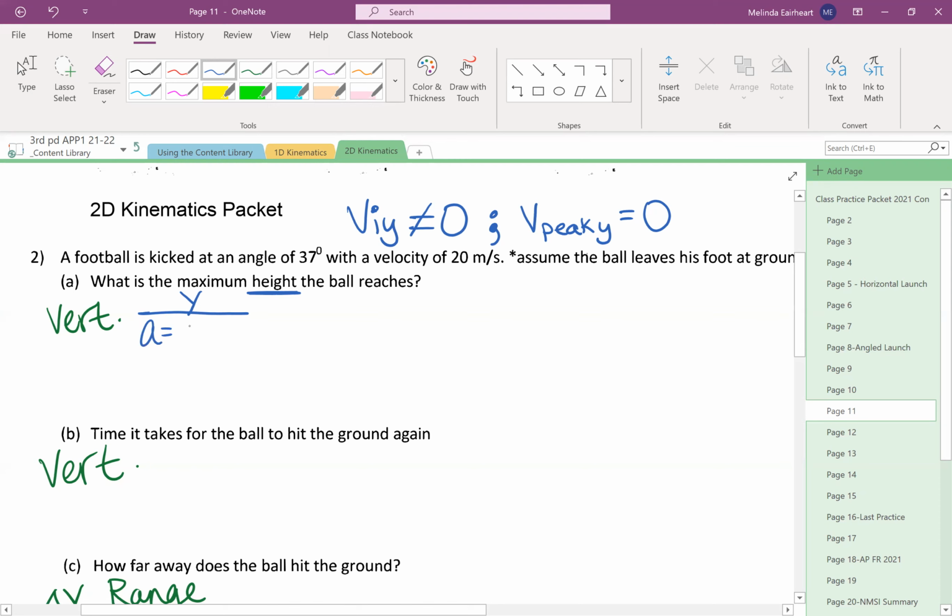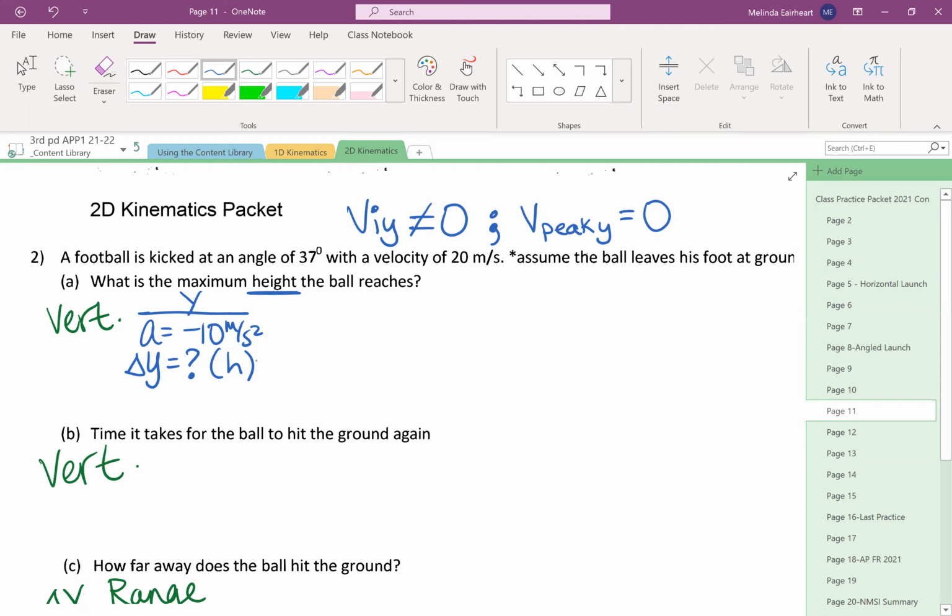We know gravity, we'll go with -10. Height is really the vertical displacement, so that's what we're looking for. What else do we know vertically? Peaky. If I hit pause on that simulation at the peak, then the velocity becomes 0.